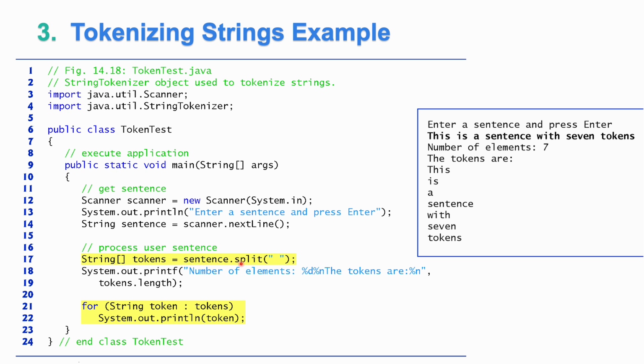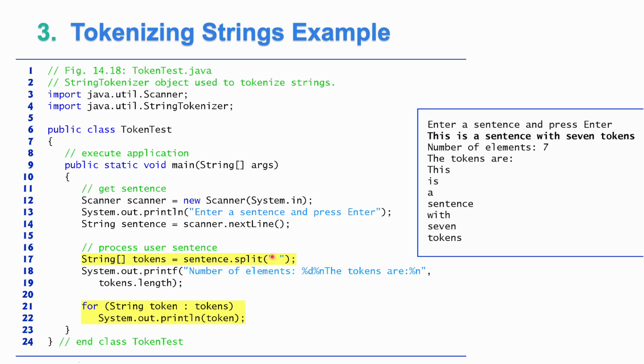The split method takes an argument, which is a string that represents the delimiters. Here we only want to use a single space as the delimiter, so we pass the string literal with a single space as the argument to the method split.